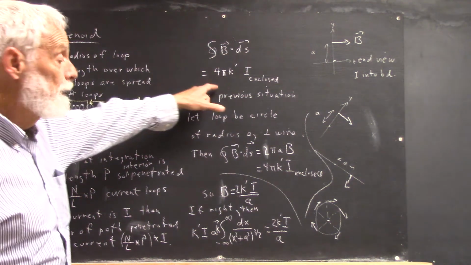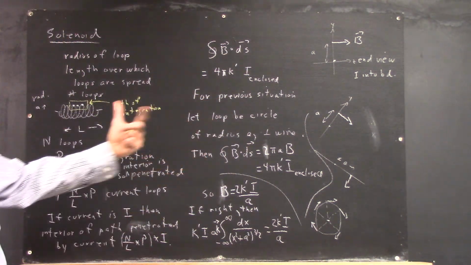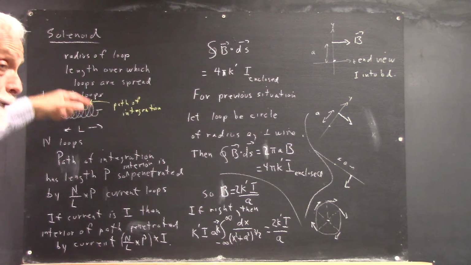So now what does Ampere's law tell us about the integral of the magnetic field around the path?